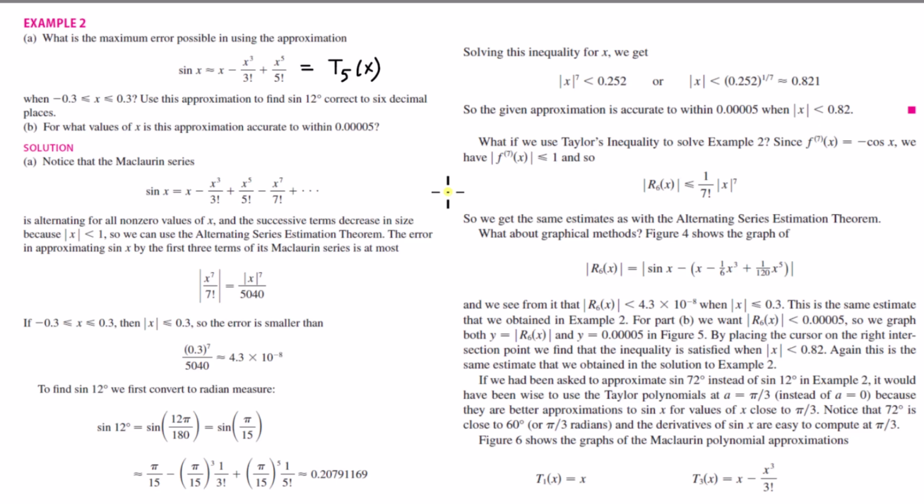The function is equal to the full infinite series, which is equal to T sub n of x plus R sub n of x. So here it's T sub 5, and so we would plug in n is equal to 5 into Taylor's inequality.